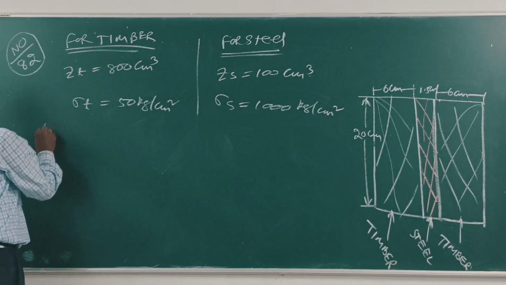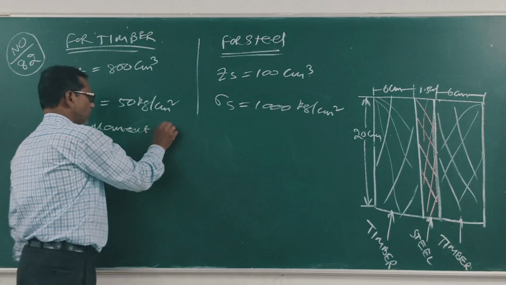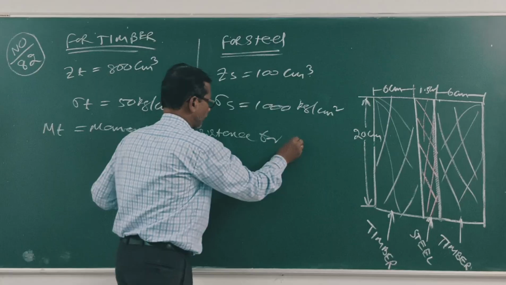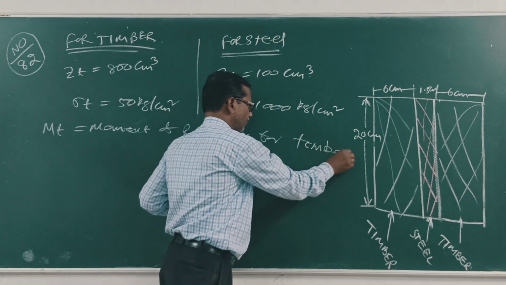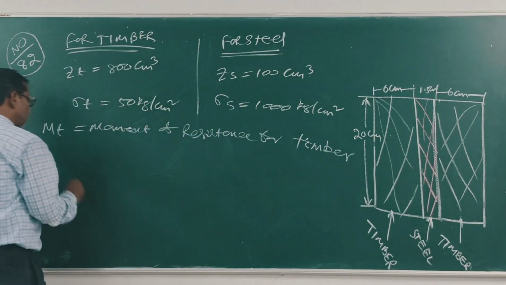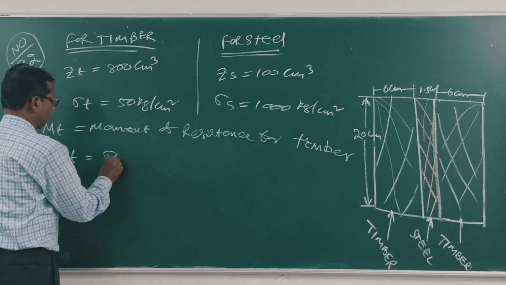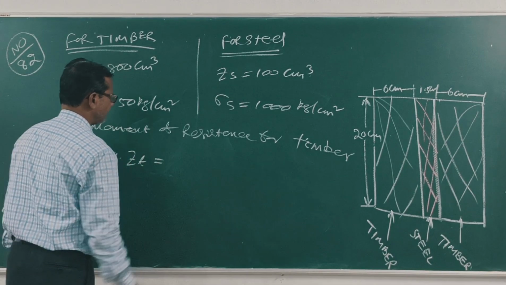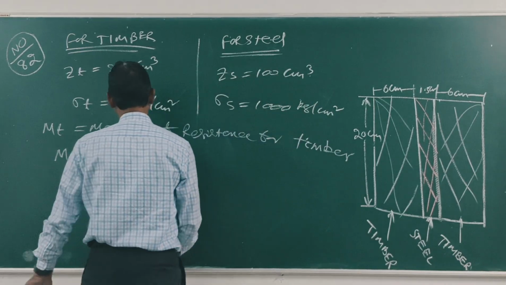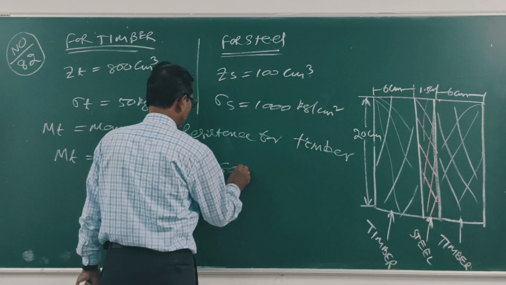Let Mt be the moment of resistance for timber. For timber, Mt, moment of resistance. So what is Mt equal to? Sigma T into ZT. Sigma T, 50, into Z, 800.